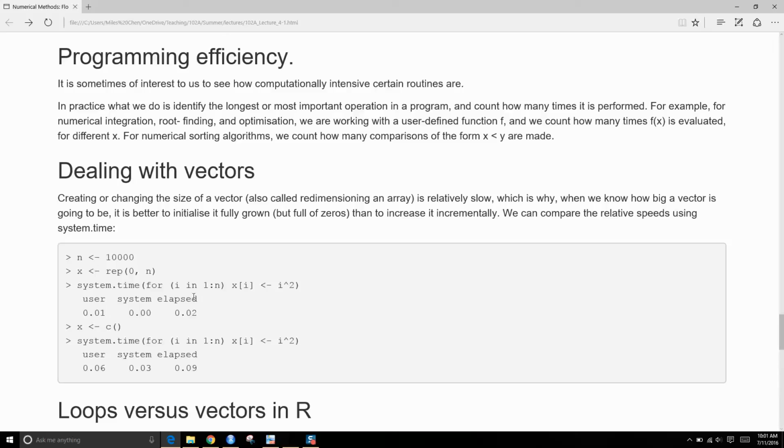So you can see here I'm doing two operations that are pretty much exactly the same thing. In this one, I have the vector fully formed, okay? I've got 10,000 numbers, and I'm creating the vector x so that it is the number 0 repeated 10,000 times, okay? And then I ask R to run through this loop for 1 through 10,000, just square that value and store it. And we can see it doesn't take very much time.